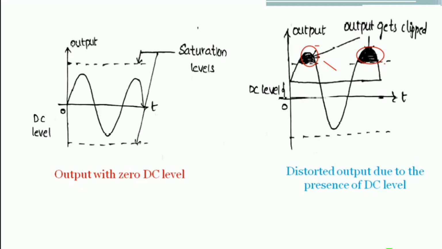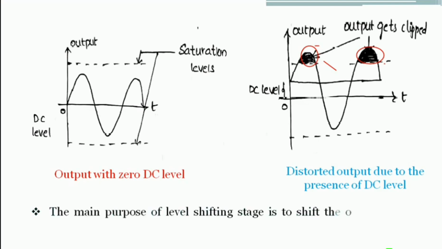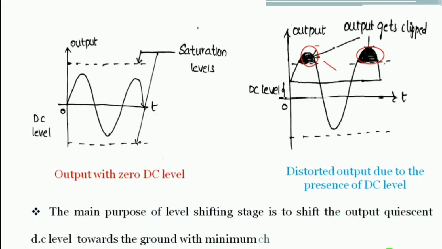Since in the internal circuit we are not using capacitors, we have to use another method, that is the level shifter or level translator circuit. Now what is the main purpose of the level shifter? The main purpose of the level shifter stage or level translator stage is to bring this DC level to the minimum potential, that is 0, without change in the AC signal.